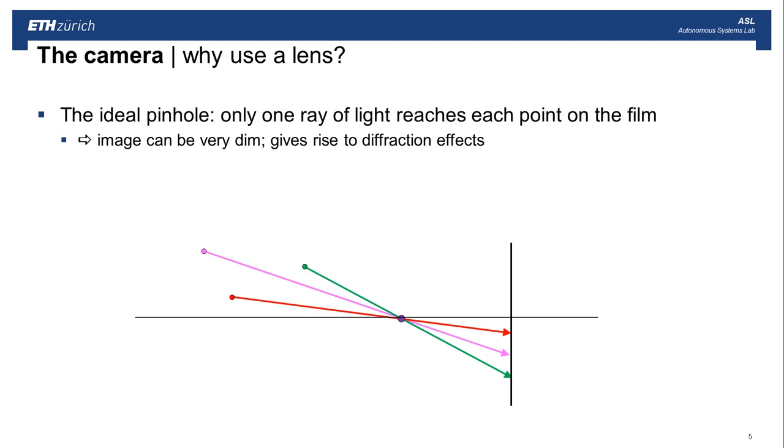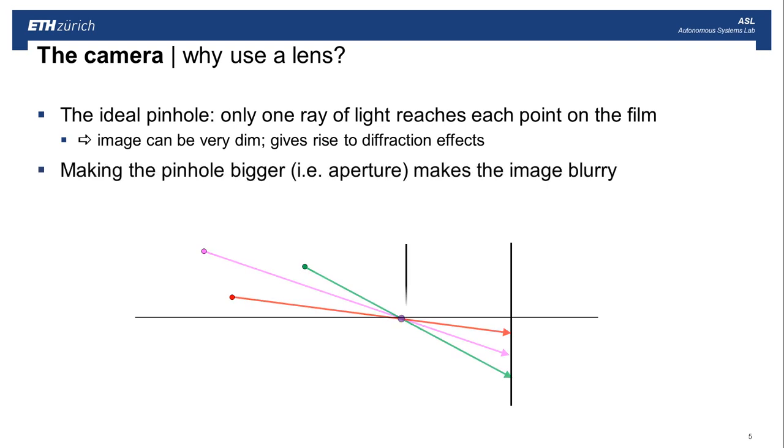However, the first drawback is that the image would appear very dim. The second drawback is that when the size of the aperture is smaller than or comparable to the wavelength of light, then diffraction effects would occur. Conversely, if we made the aperture bigger, the image would get blurry, as you can understand from this illustration.